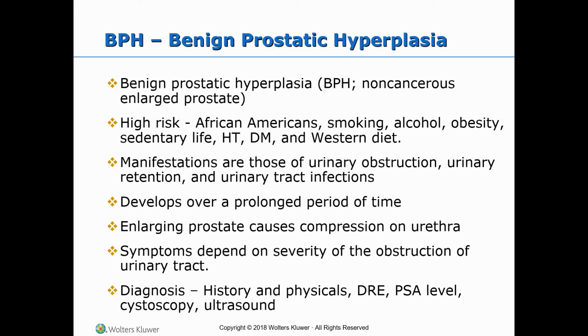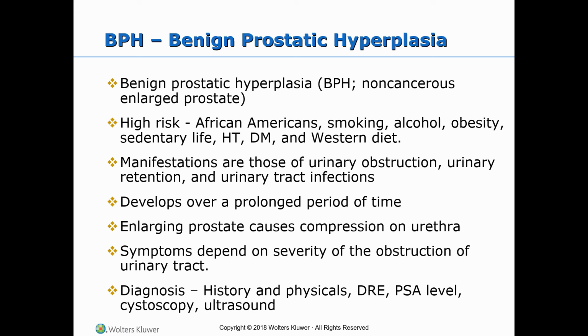Risk factors include smoking, heavy alcoholism, obesity, reduced activity, hypertension, heart disease, diabetes mellitus, and a Western diet, which is high in animal fat and protein, refined carbohydrates, and low fiber. BPH develops over a prolonged period of time.